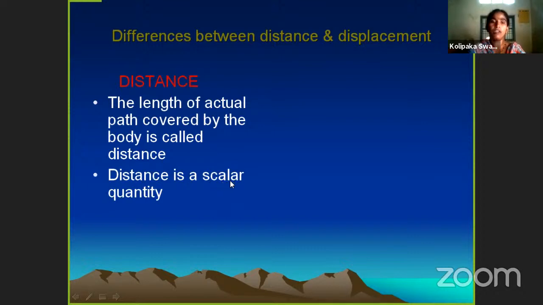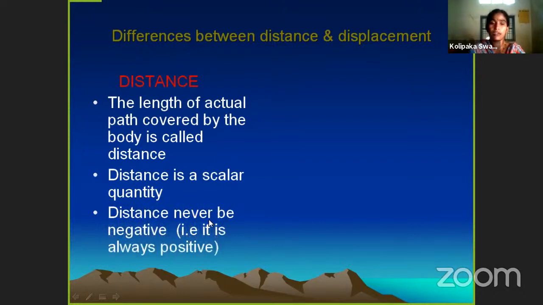And the distance can never be negative. Never negative means what? It is always positive. The distance value is always positive.